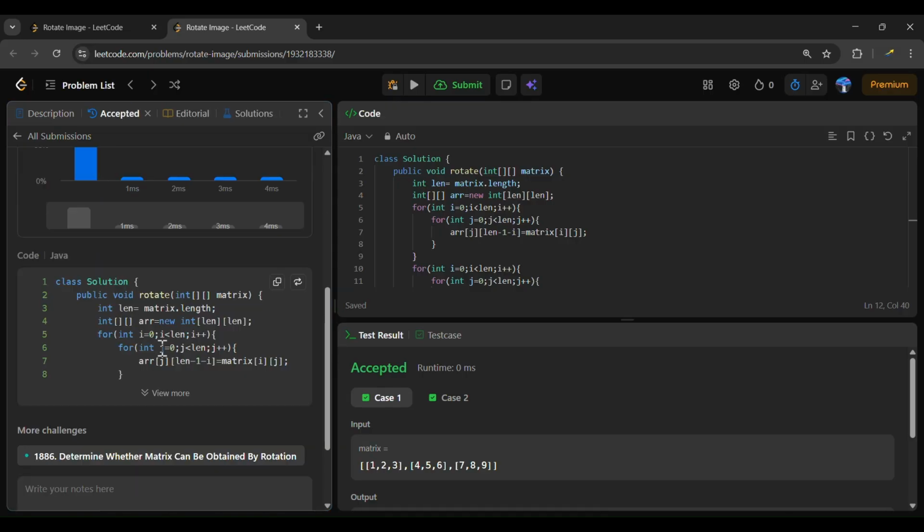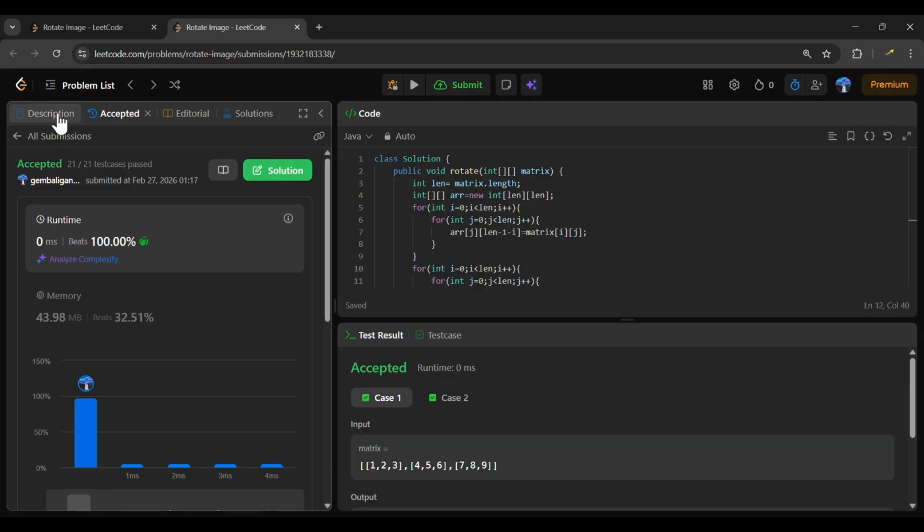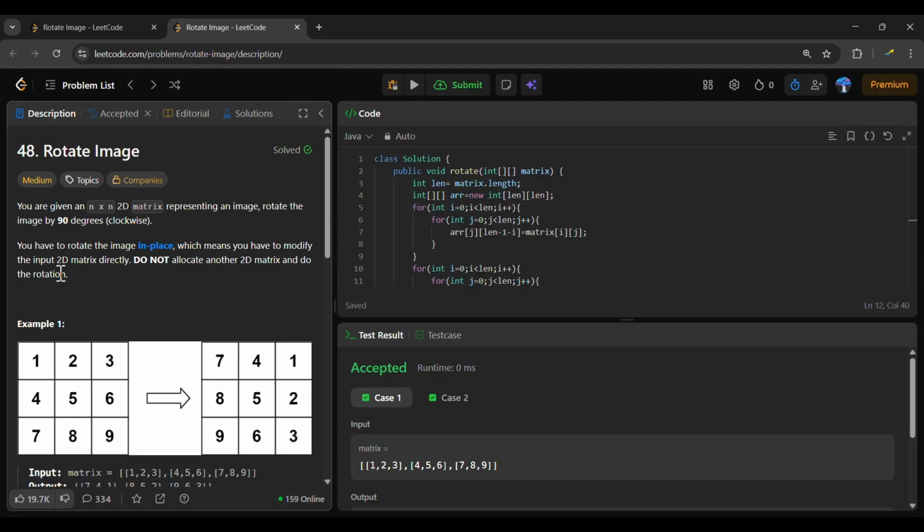But I want to tell you one thing. In the question, they said that we need to solve this in place. But here I am taking another array and using it to solve this. In the question, they clearly mentioned that we need not take another array or any extra space; we need to solve this within this array only.